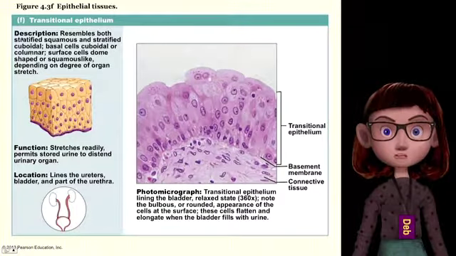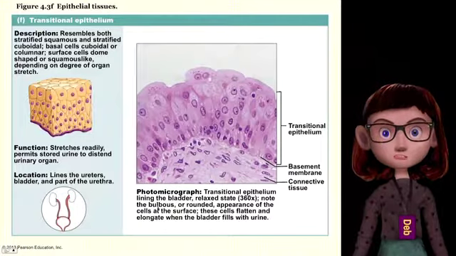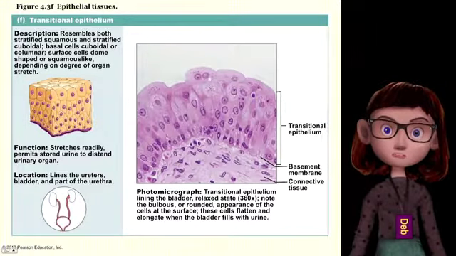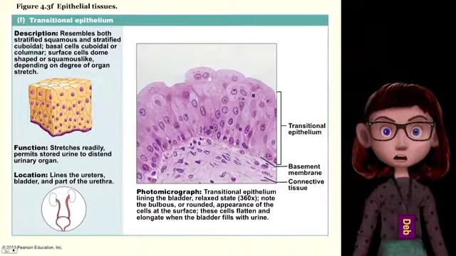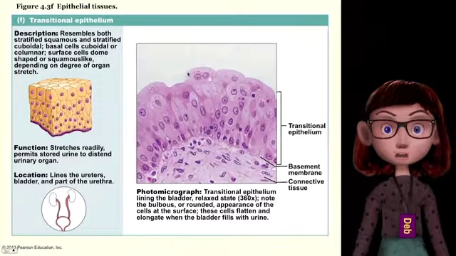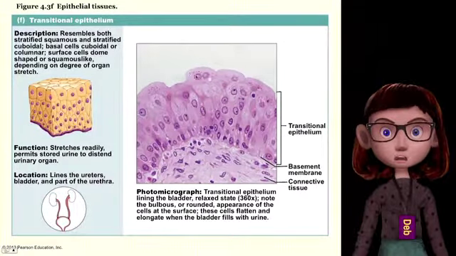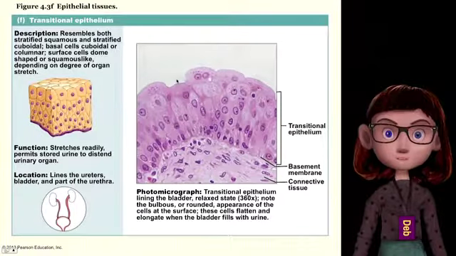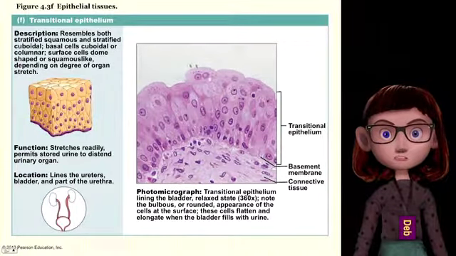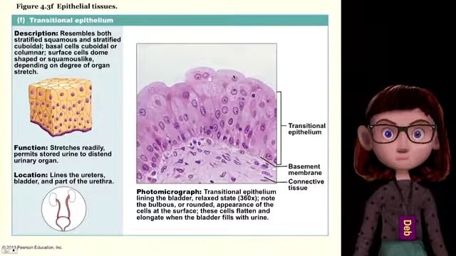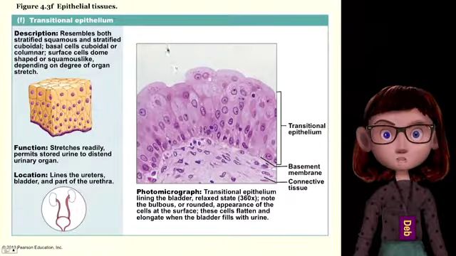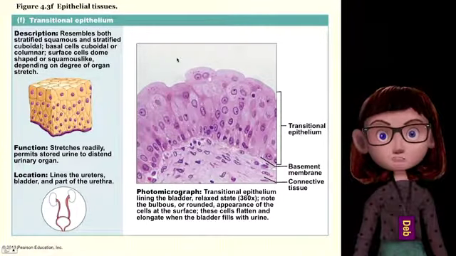So this is showing you an example from lining the bladder. You've got this transitional epithelium. It looks like a stratified epithelium, and obviously when they cut through this tissue in order to put it onto a slide, the cells that are at the apical surface look very cuboidal. And you can imagine if the bladder was full or distended, D-I-S-T-E-N-D-E-D, distended, that means that these cells will become more flattened in appearance.